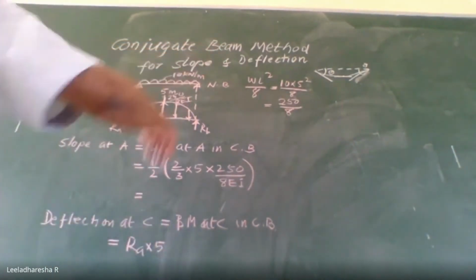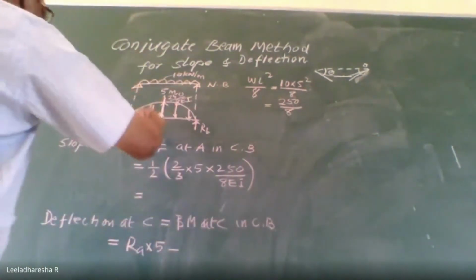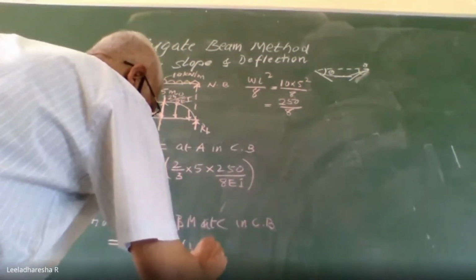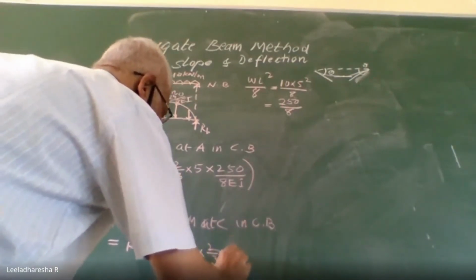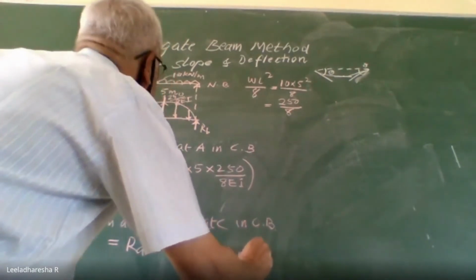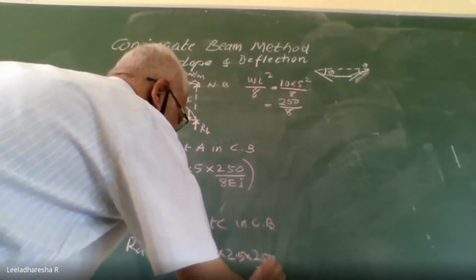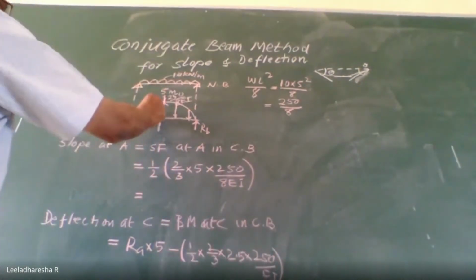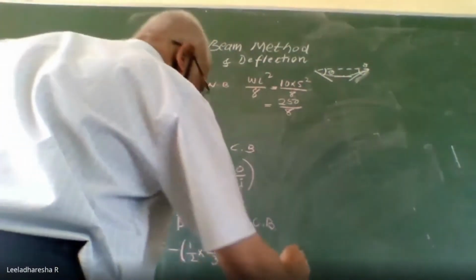It gives sagging bending moment, minus this load, half of 2/3 of base into height. Base is 2.5 into height, that is 250 by EI, into the centroidal distance of this. That centroidal distance normally will be 1/3 of base.